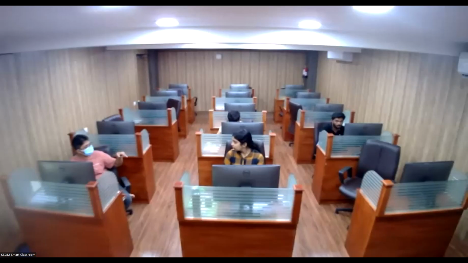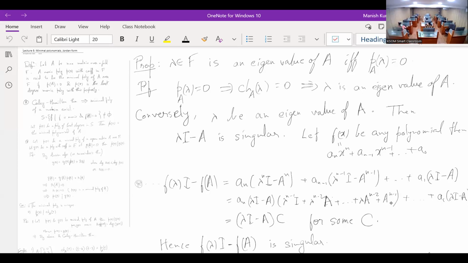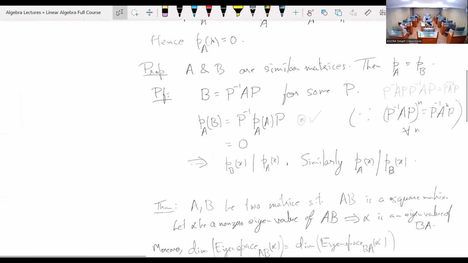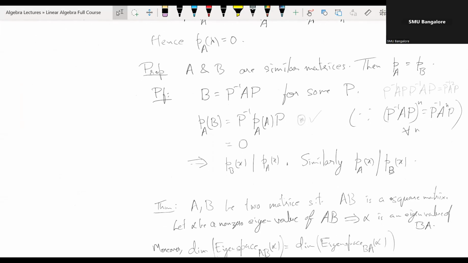B is equal to P inverse A P. B square is equal to P inverse A square P, and so on. So what does P_A(B) look like?